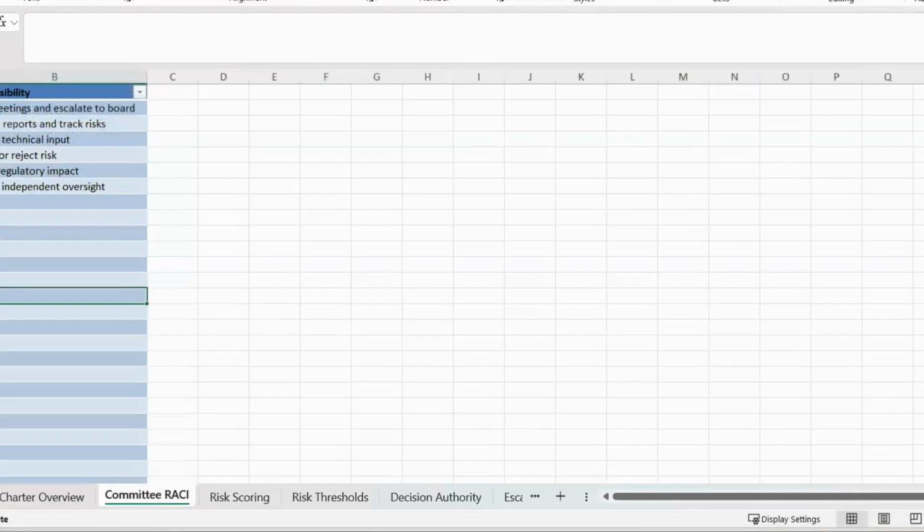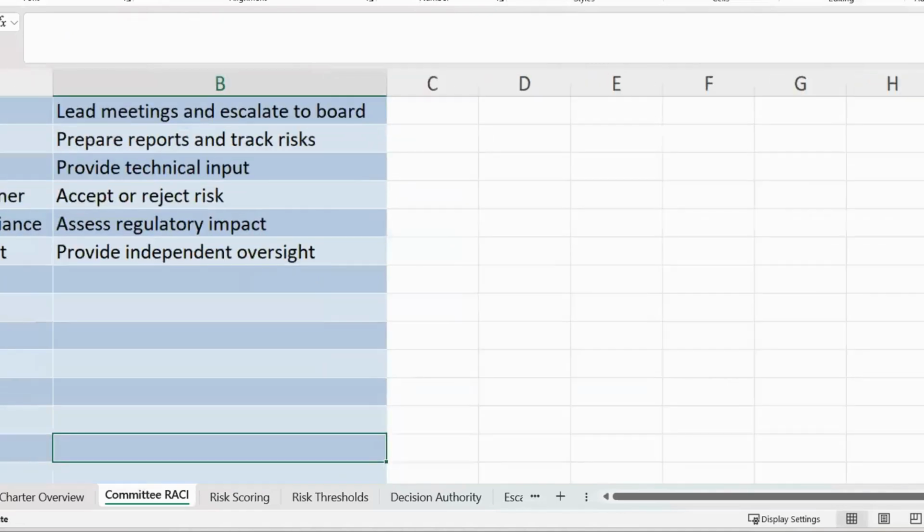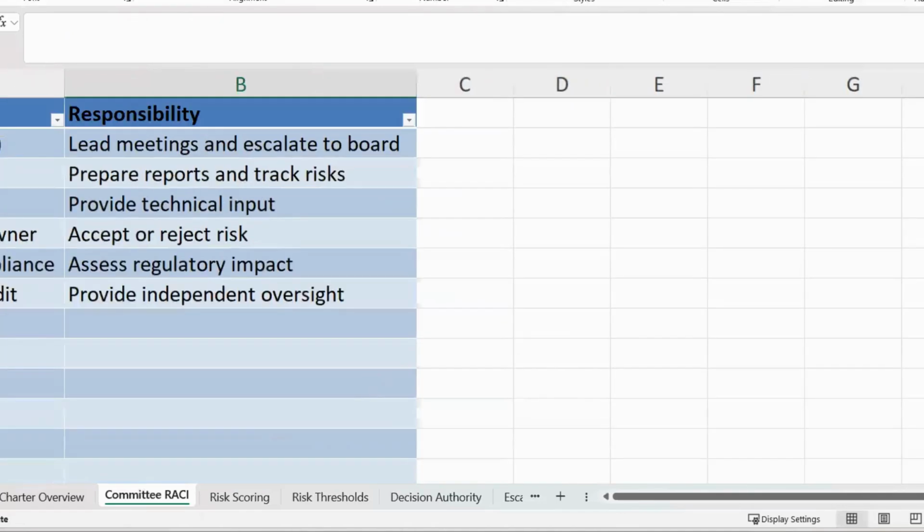Then you move on to your RACI, and this is where you define the roles and responsibilities of the charter. Here, for example, you establish the committee RACI in terms of responsibilities. We have the role of the CISO acting as the chair of this cyber risk committee, who will lead meetings and escalate to the board.